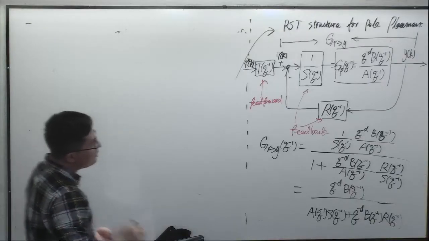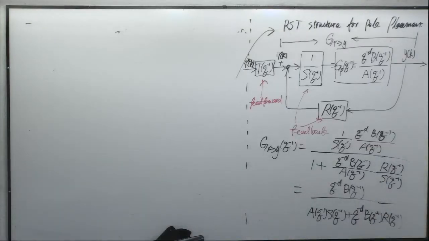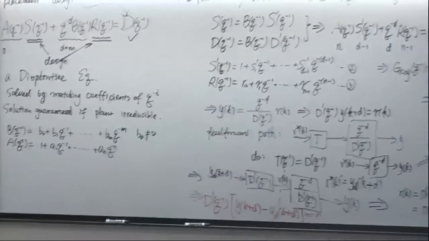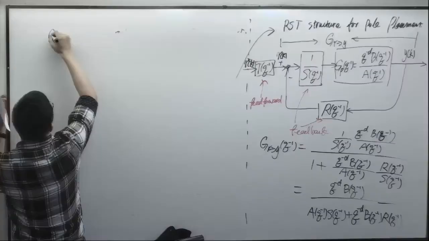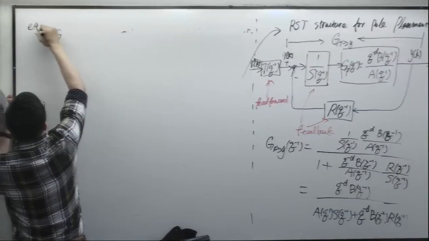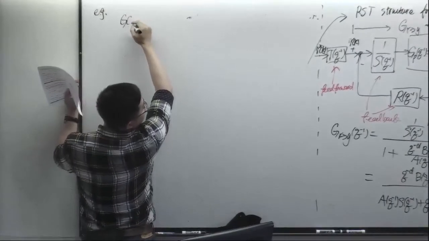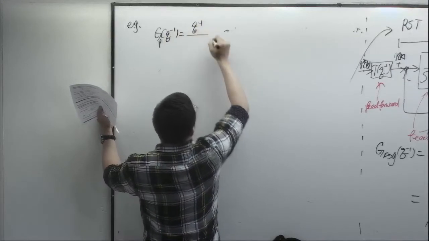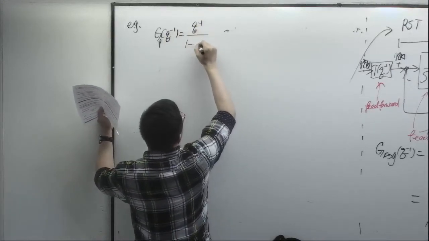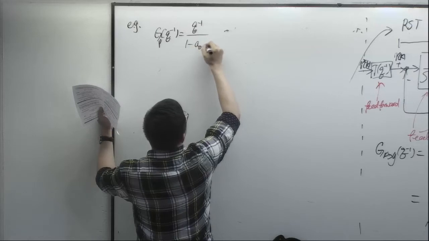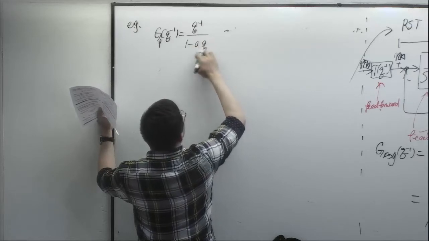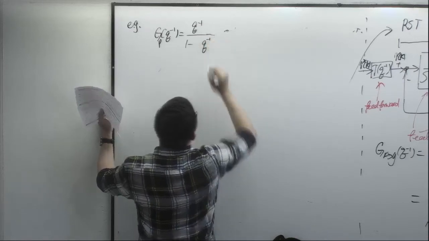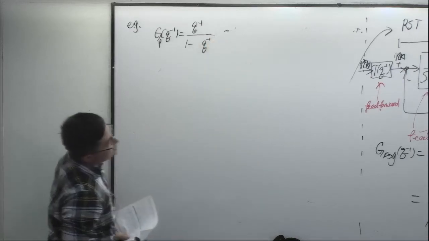So let's do one example to understand a little bit of these conclusions. Let's say G is Q inverse over 1 minus A0 Q inverse, A1. Let's just do as simple as possible. This is the plant.